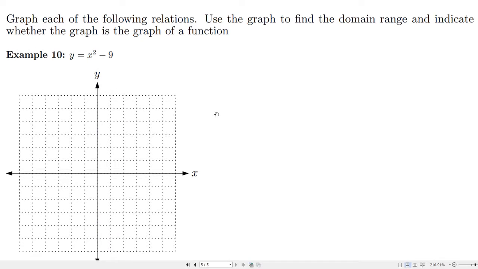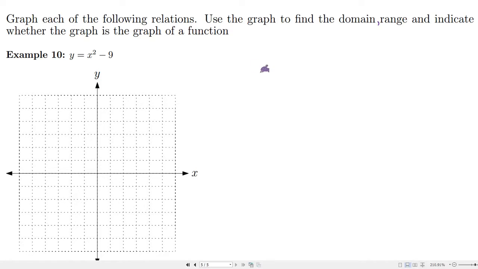In this next example, we're going to use this equation here to graph the relation, and then we're going to find the domain and range for this relation, right? So domain, comma there, range, and then we're going to determine whether or not it's the graph of a function.